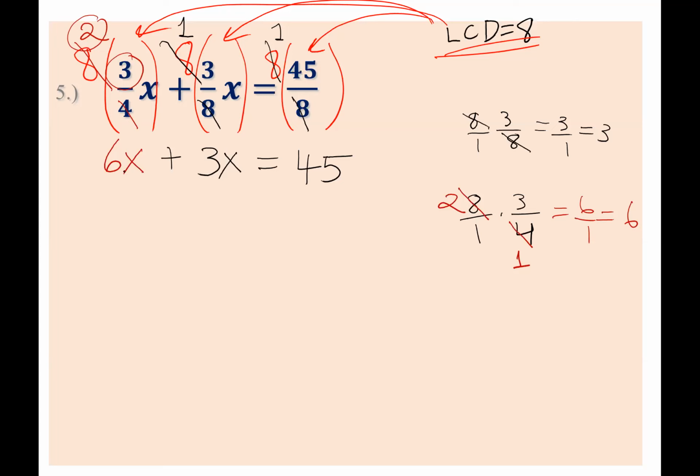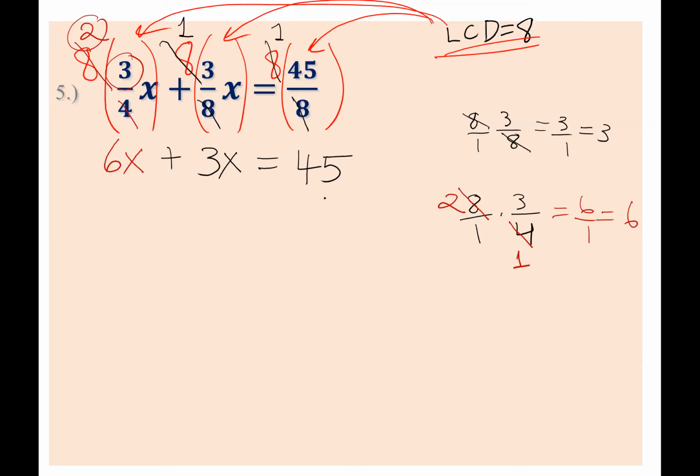That's my first term now, 6x. Plus, with the second term, 8 times 3/8 becomes just 3, so my term is 3x, equals. On the other side, 45/8, when we multiplied that by 8, the 8's canceled out, and we're left with 45. So here's where we are: 6x plus 3x equals 45.